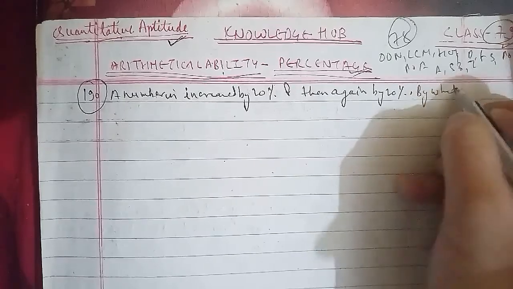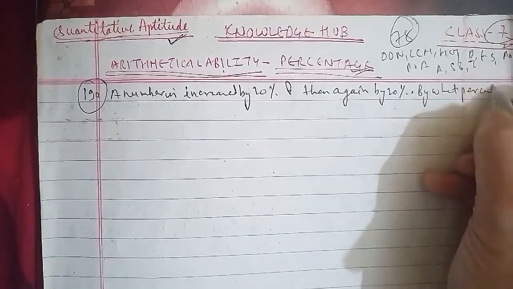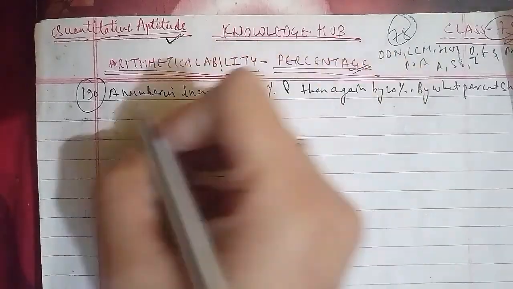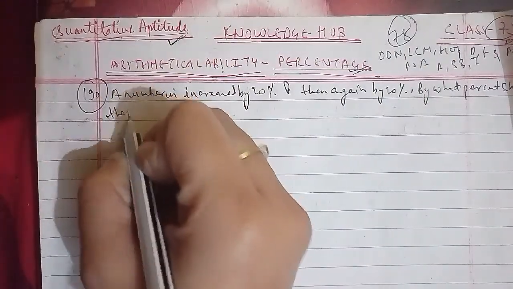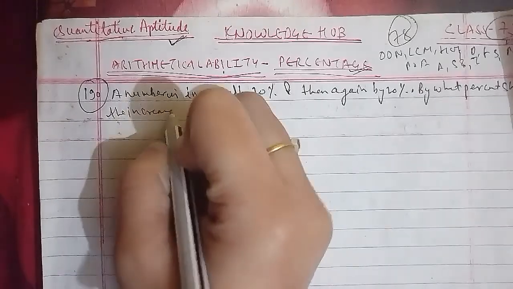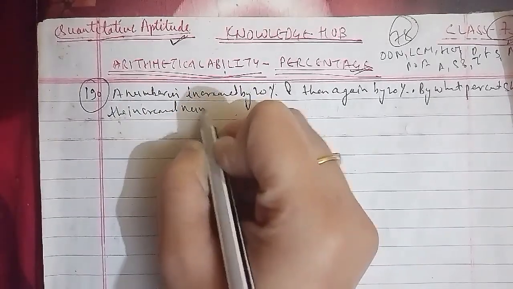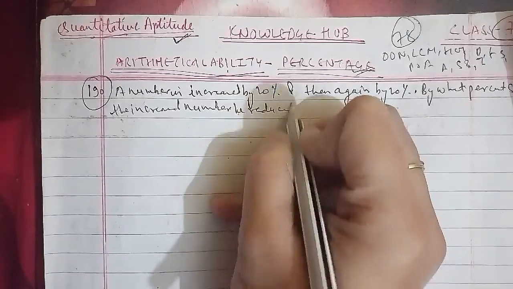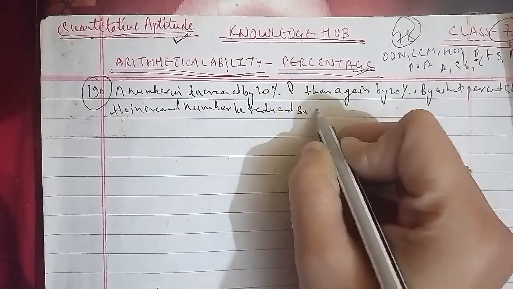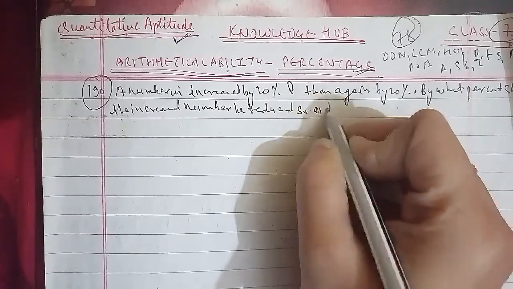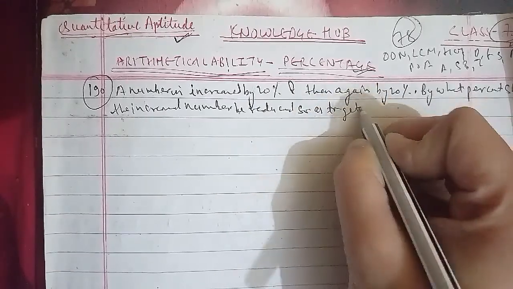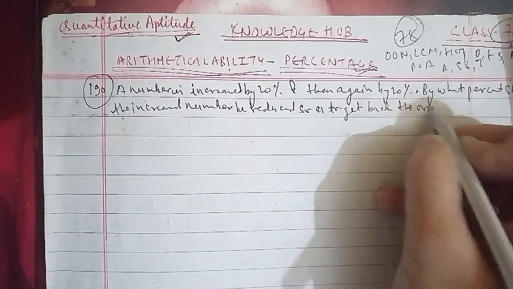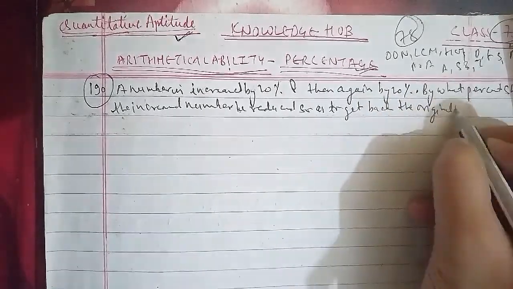By what percent should the increased number be reduced so as to get back the original number?